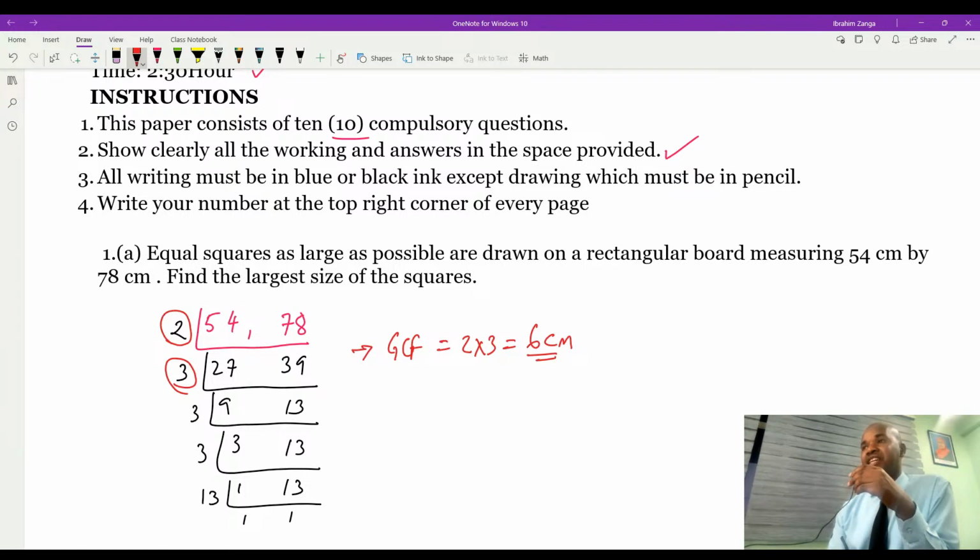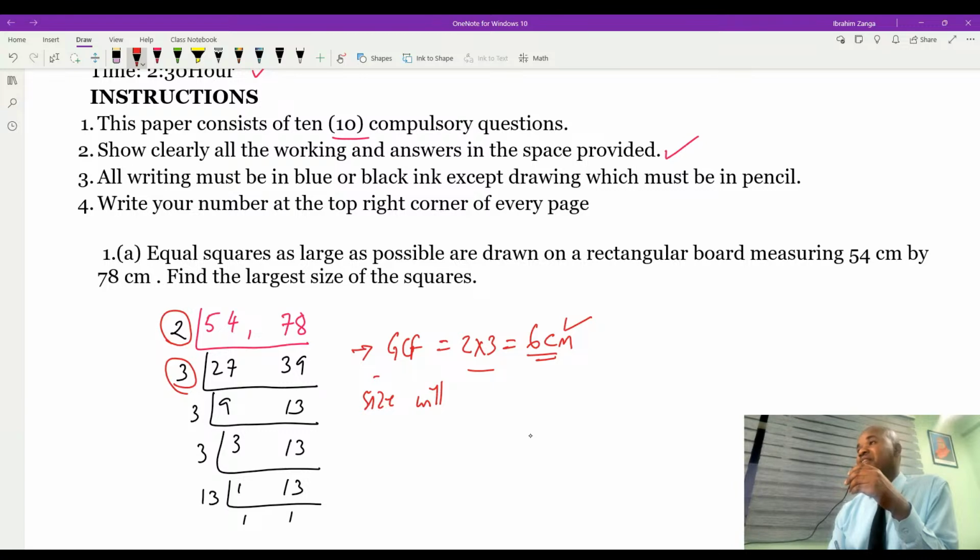First, find the largest size of the squares. The largest size will be 2 by 3 centimeter, which eventually is going to be 6 centimeters. The largest size of the squares will be 2 by 3 centimeter.